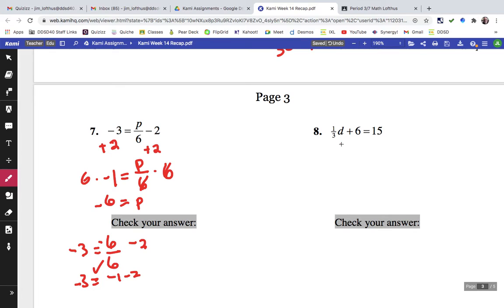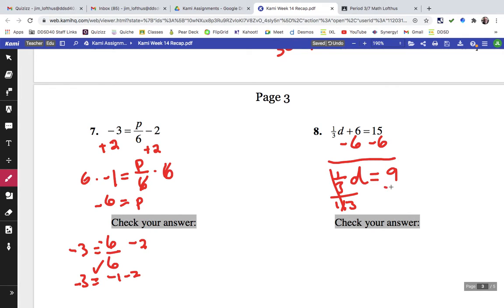My first step here is to subtract 6, to zero out that 6. So 1/3 D is equal to 9. I'm going to divide by 1/3, and that makes that a 1.